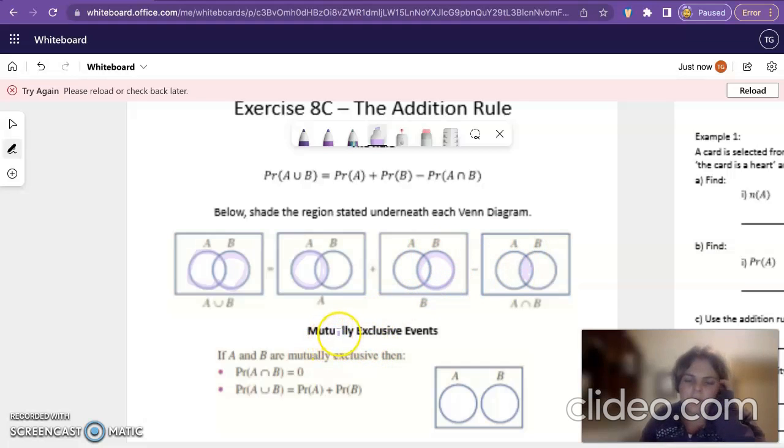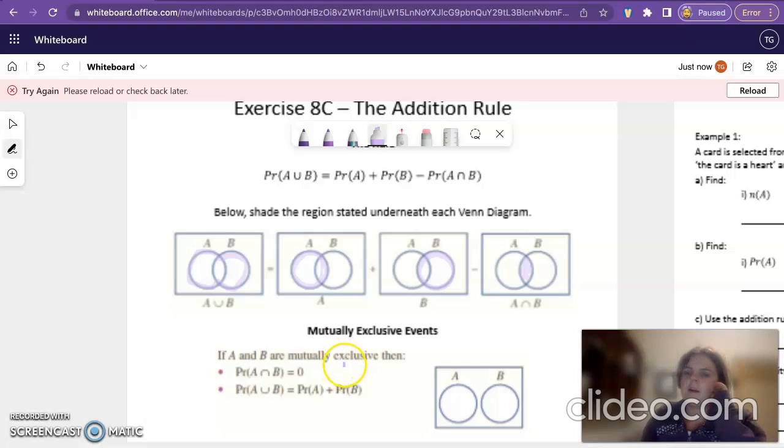Now, if you've got mutually exclusive events, then that means they don't intersect. So there's nothing in common. That's when the intersection is 0. And the probability of the union is just the probability of the first one plus the probability of the second one. An example of mutually exclusive events could be, say we're choosing a card from a deck of cards at random.